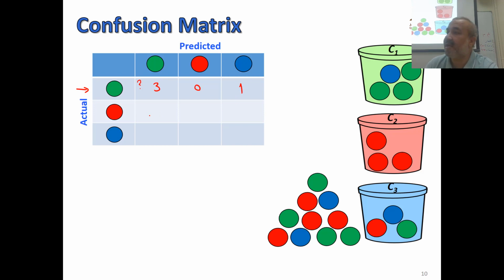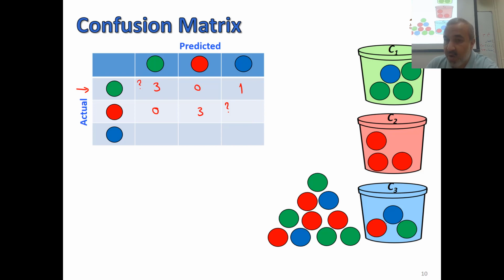Right. Can you give me the second row? 0. 0 predicted as green. Okay. And how about this one? 3. How about this one? 0, 1. How do you get this number? Predicted blue, actually red, right? Where are the predicted blue?